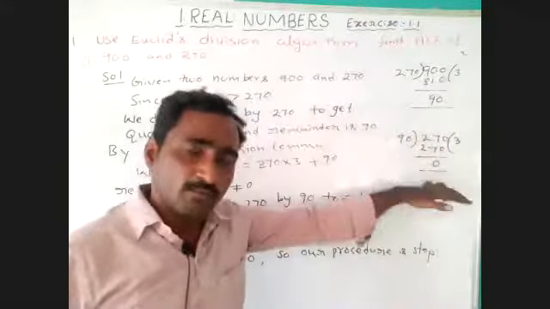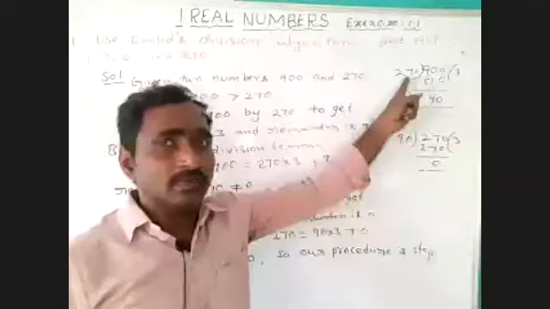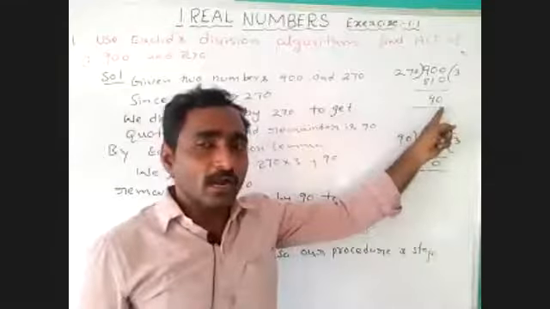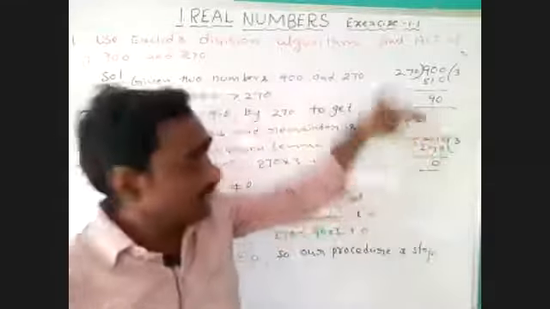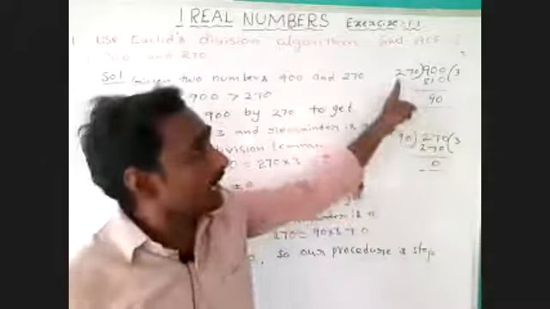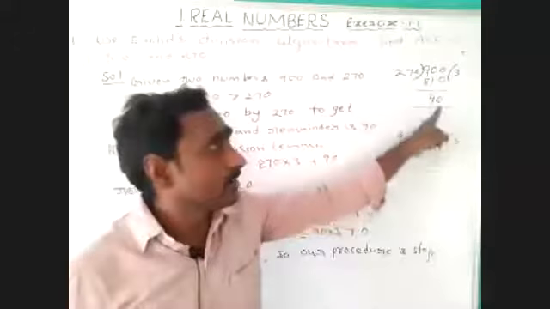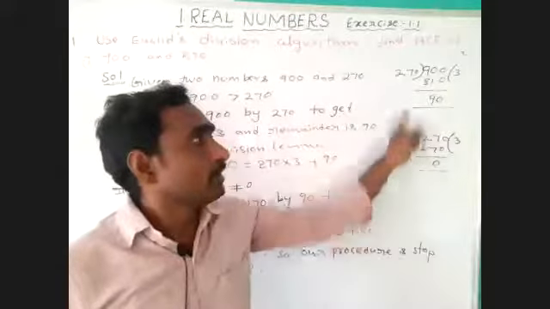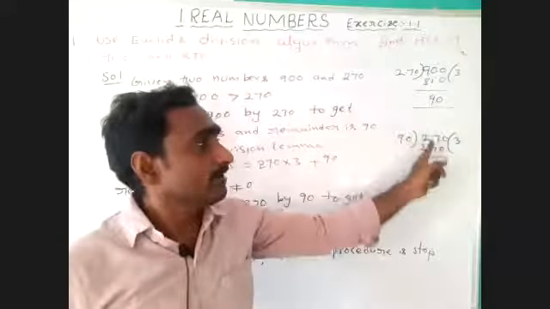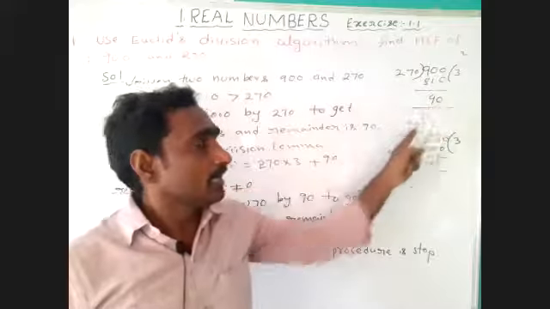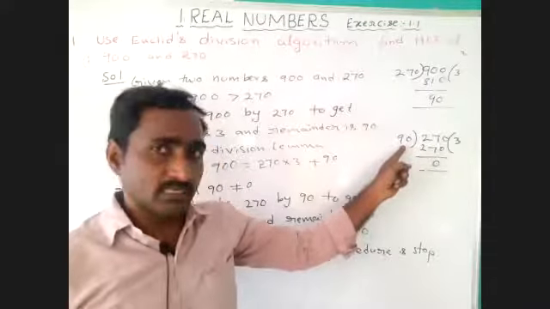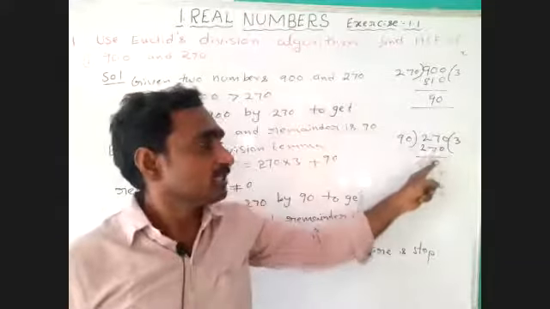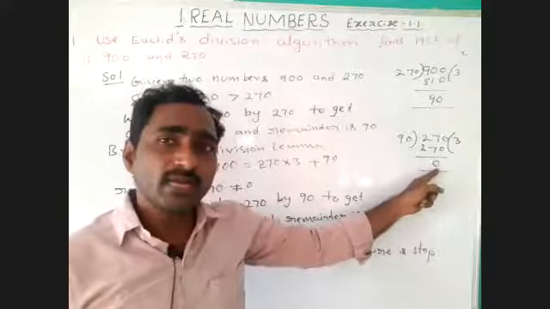So what is the procedure? A is divided by B. We get a quotient and remainder. If the remainder is not equal to 0, then go to divisor B divided by remainder. 270 is taken as the dividend, remainder 90 is taken as the new divisor. So 270 by 90, 90 into 3, 270 minus 270, 0. The remainder becomes 0.